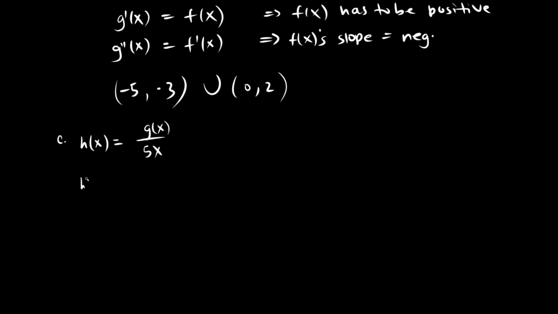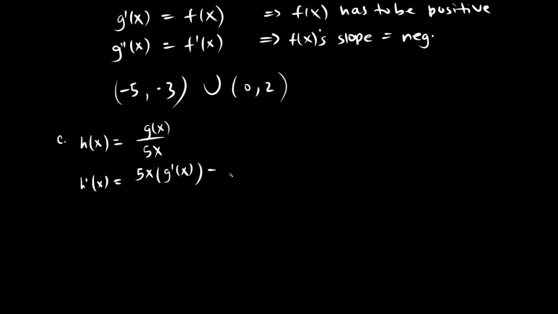To find h prime of x, all we need to do is apply the quotient rule to the right side. So the quotient rule states you keep the bottom first, so 5x, and you multiply it by the derivative of the top. In this case, this would be g prime of x.